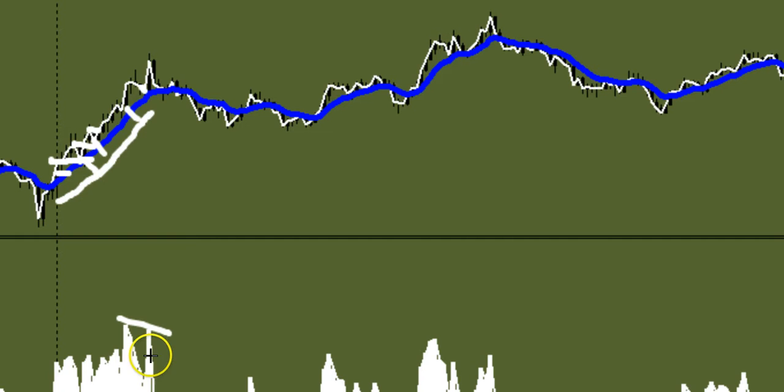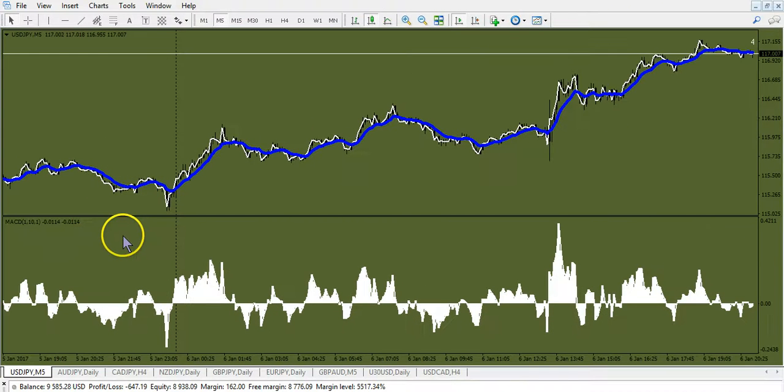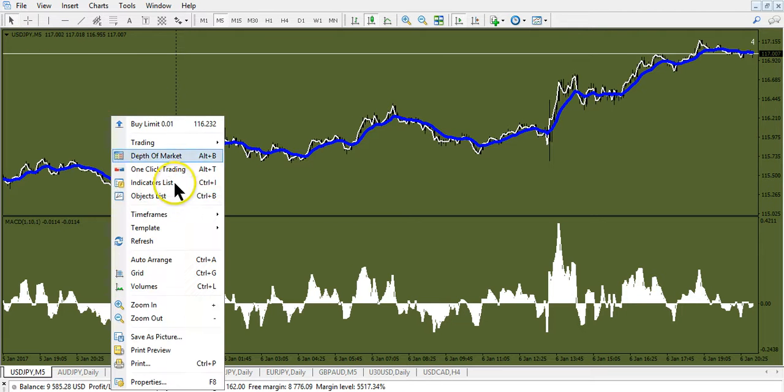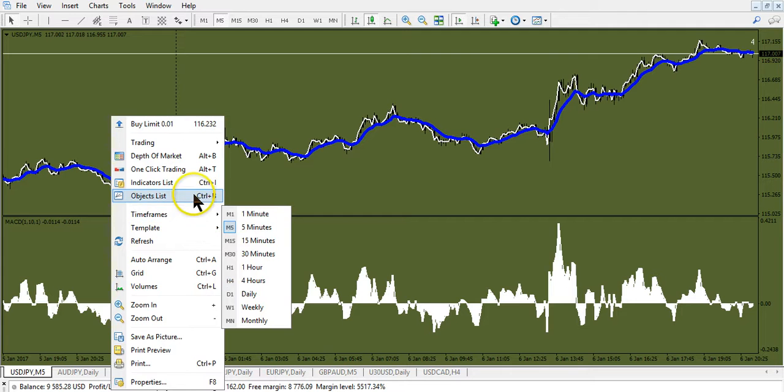Mind you, I set the MACD to an extreme level. I basically took away the idea of a signal line, and this is nothing but the histogram difference between the blue line and the white line. I did that by creating extreme settings in the indicator.